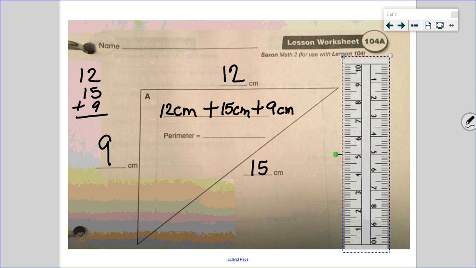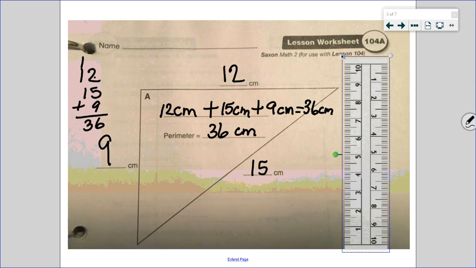I'm going to start with my big number. So 9 plus 5 equals 14 plus the 2 more, that's 15, 16. So I'm going to put my 6 and carry my 1. Now I have 1 plus 1 plus 1, that is 3. So the sum is 36 centimeters when I add the 3 sides together, which means my perimeter is 36 centimeters.